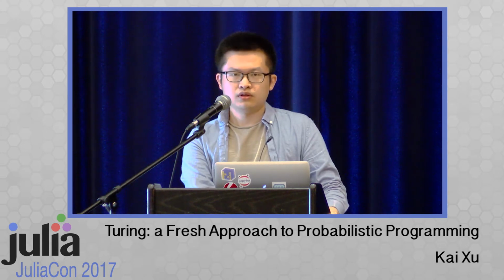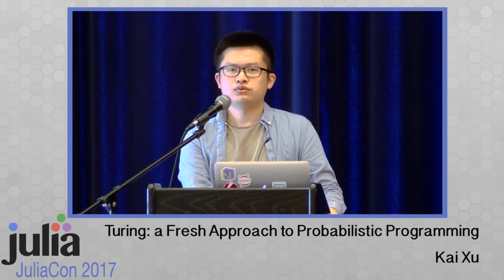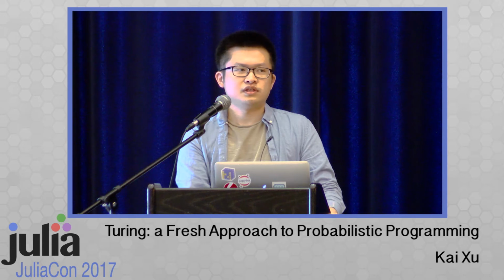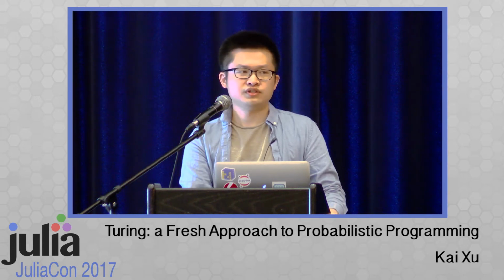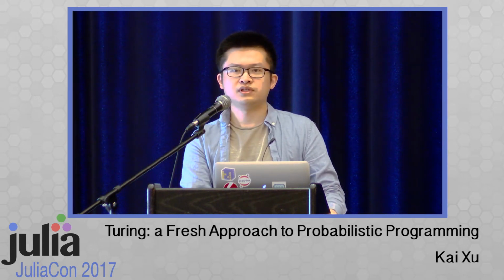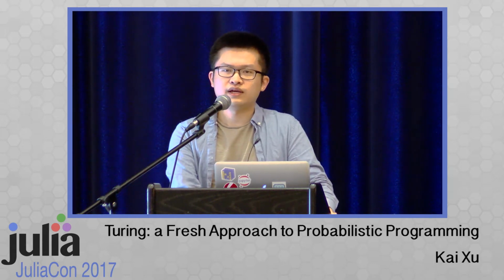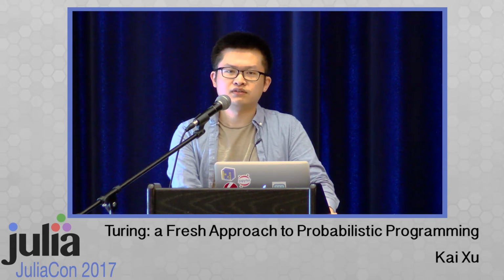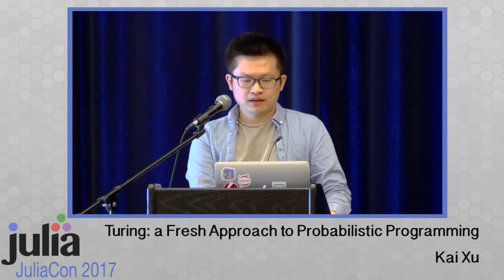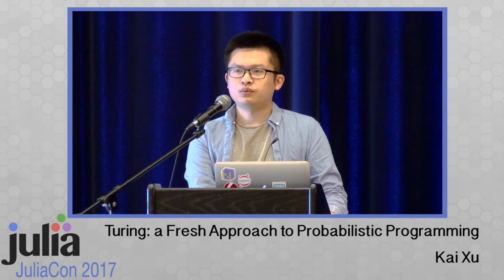Also, Turing allows you to run MCMC for a few iterations, stop the chain, and resume it with the same or another sampler. The good thing about this is that you can exploit different advantages of different samplers in different sampling phases.